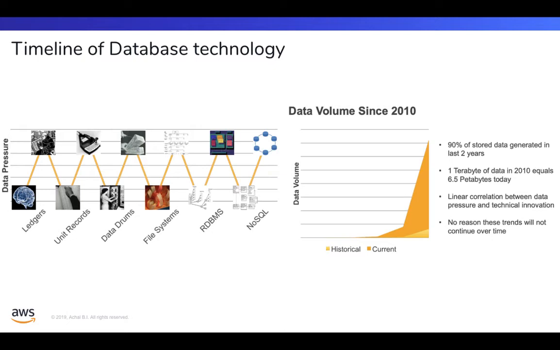But NoSQL takes a different approach altogether. Now storage has become very cheap versus CPU computation. CPU computation is still expensive. With RDBMS, storage is less, but computation capacity is always more.